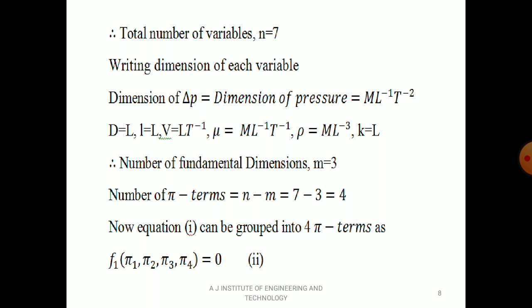So we have to write the expression for 4 pi terms, pi 1, pi 2, pi 3 and pi 4. So we can rewrite the expression as f1 of pi 1, pi 2, pi 3, pi 4 equal to 0. We are grouping the variables into 4 dimensionless pi terms. Take it as expression 2.